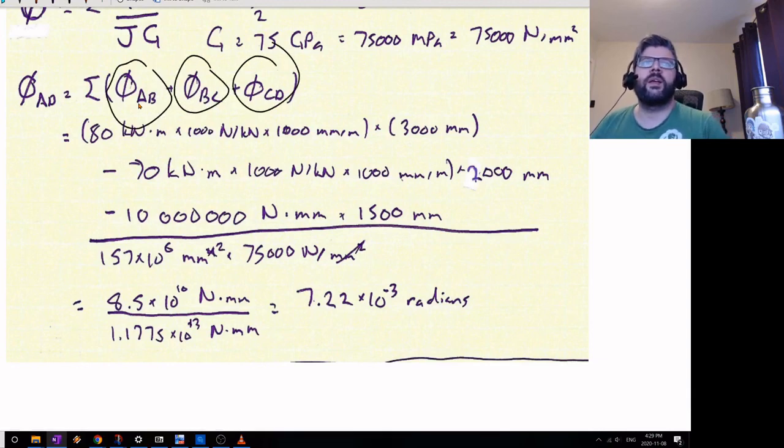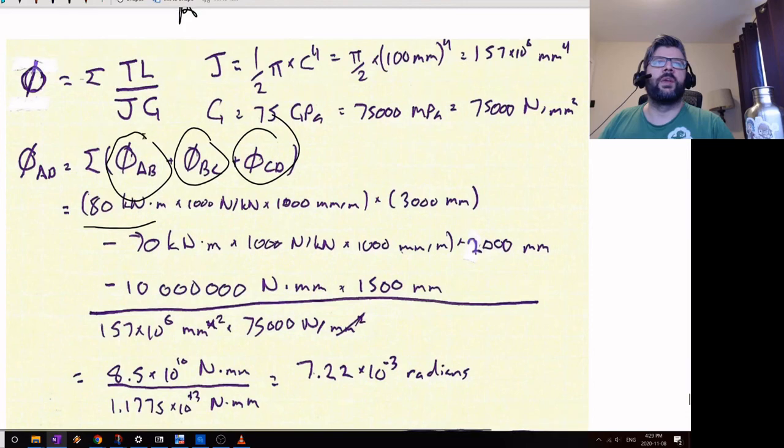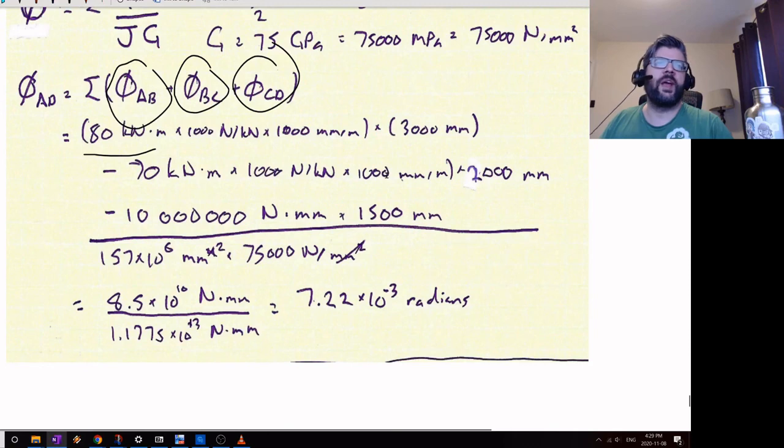From A to B, we had the positive 80 kilonewton meters. Here I'm just going to be throwing in conversion factors: 1,000 newtons per kilonewton and 1,000 millimeters per meter. It was a 3-meter section, so 3,000 millimeters. The JG is the same for all these sections, so I'm just going to add the terms on the top and then divide everything by JG once to save a bit of calculation.